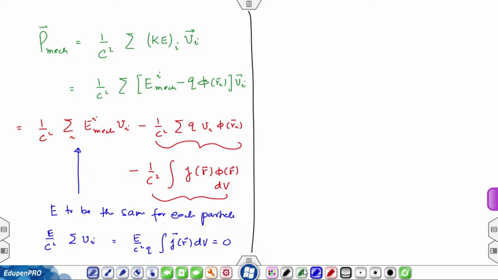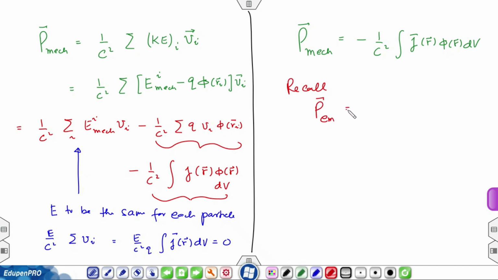So I get P mechanical is equal to minus 1 over c square integral j(r) phi(r) dv. And recall that P electromagnetic we showed to be 1 over c square integral j(r) phi(r) dv. So P electromagnetic plus P mechanical is equal to 0.